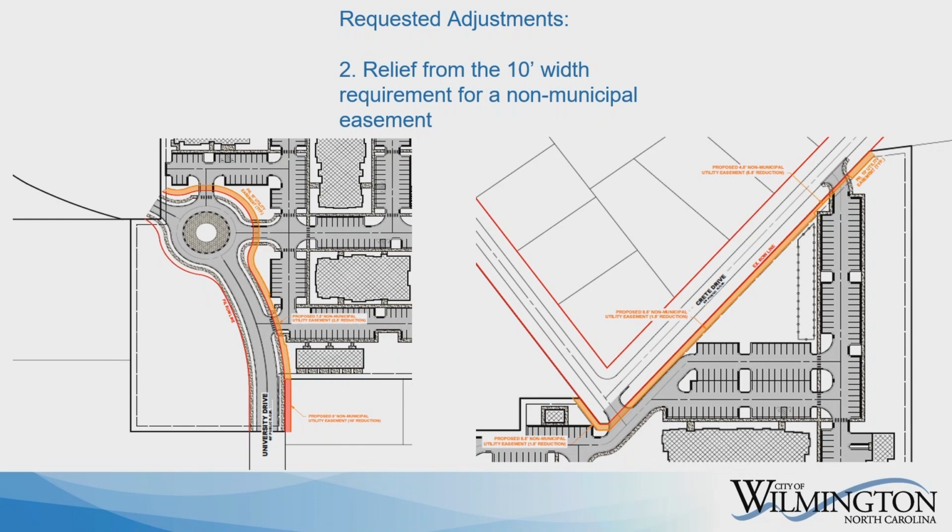But where you're reducing down, that little stretch where you're reducing down to 7.5, I don't see any reason why that couldn't just extend as a 10. Right, I think that was done just so that the utilities didn't go underneath the parking lot or anything, but if it's gotta be 10 there, I think we're okay with that. That's kind of the main reason why it bumps in like that.